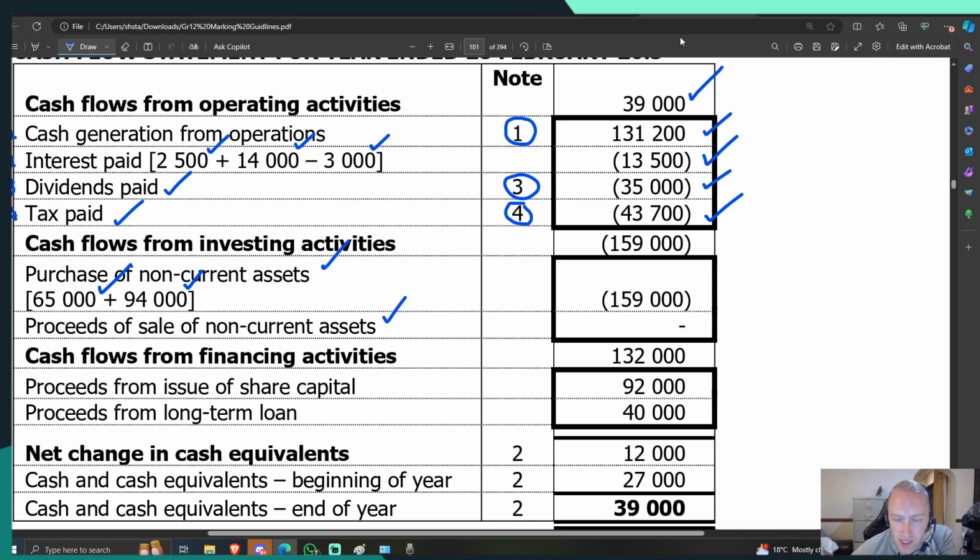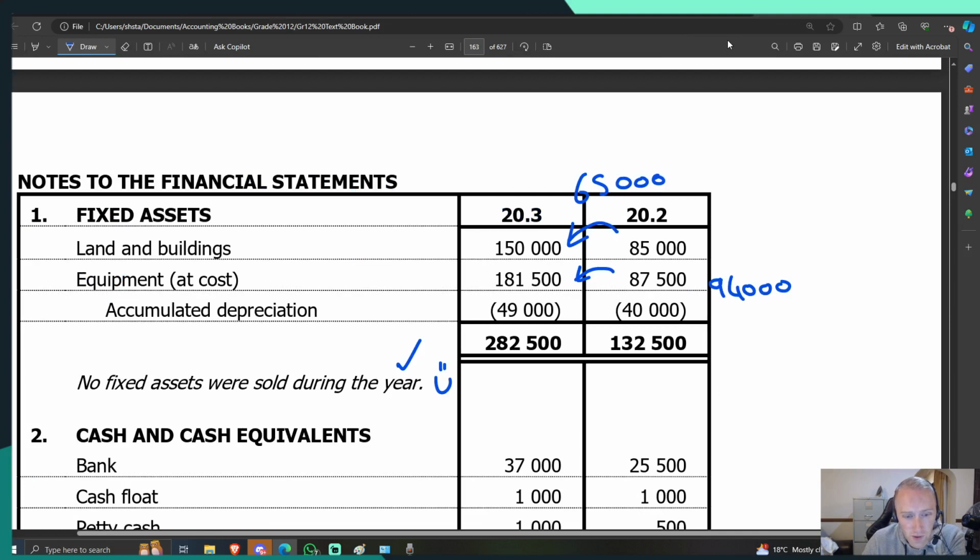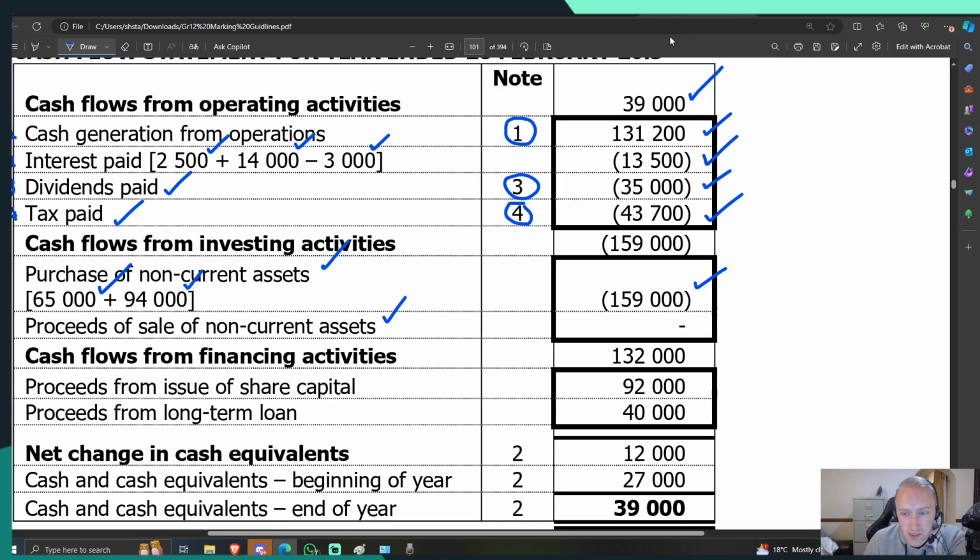And that gives us a cash outflow of 159,000 Rand. Under the line item proceeds of sale of non-current assets, well, it tells us in the information here that no fixed assets were sold during the year. So it's zero, nothing. Which means our total cash flows from investing activities was 159,000 Rand.